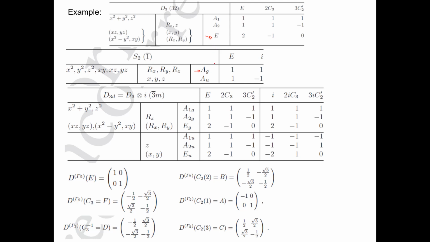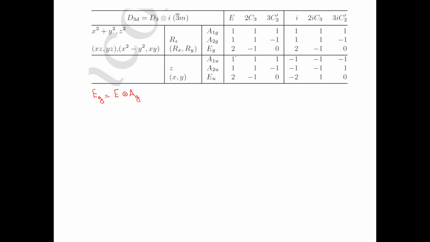And if you want to see what the characters are, you simply multiply the characters. Since for the AG representation both characters are 1 here, you see that the EG representation has precisely the same characters as the E representation in the D3 group.